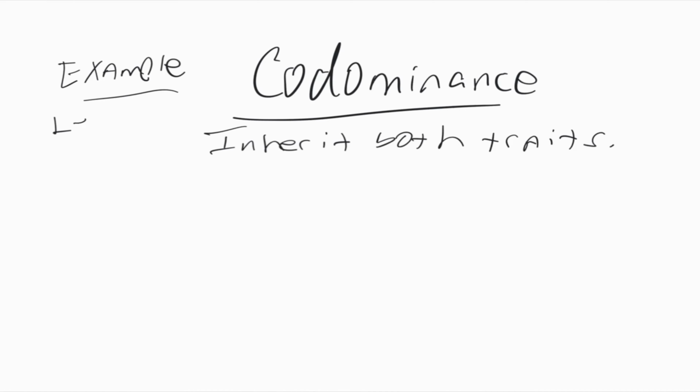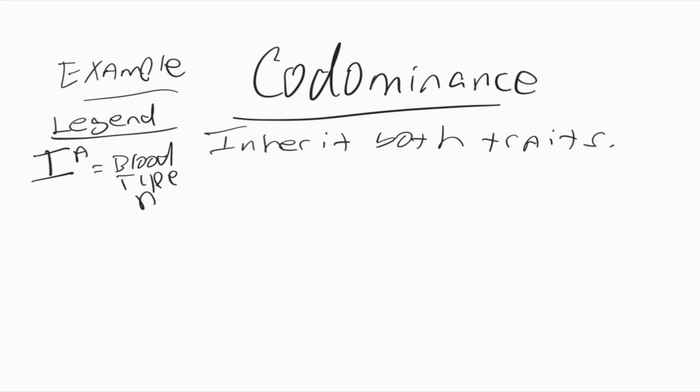Okay, here's our legend. Blood type A is represented by I, capital A. And here is blood type B, represented by I and then capital B. Now, this is not dealing with a dihybrid cross, you guys. We're just dealing with blood type.